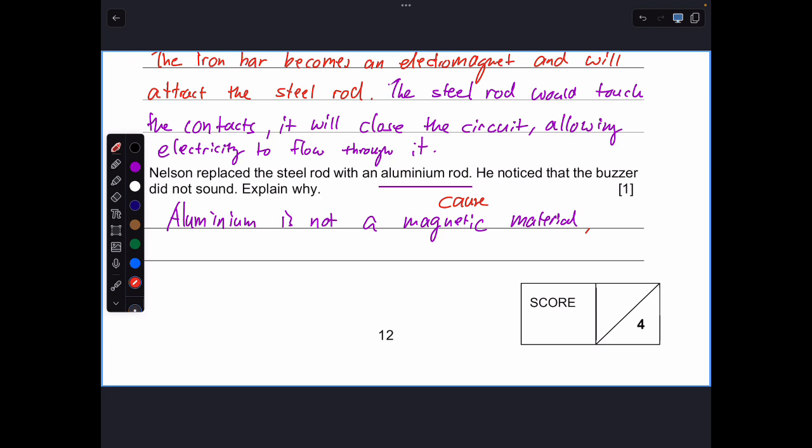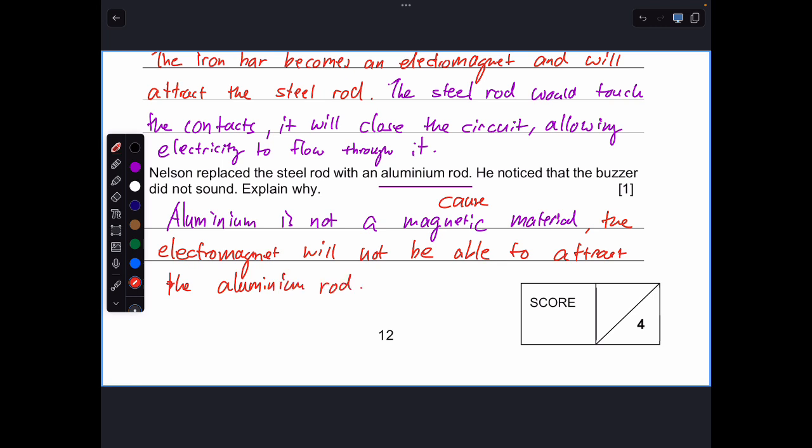And the effect would be the electromagnet will not be able to attract the aluminium rod. Or you can say the rod, because there's only one rod. Okay, so this is your effect.